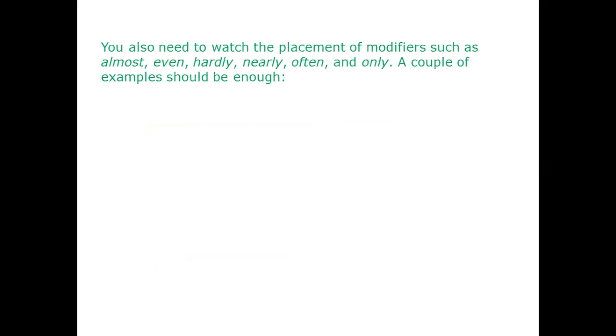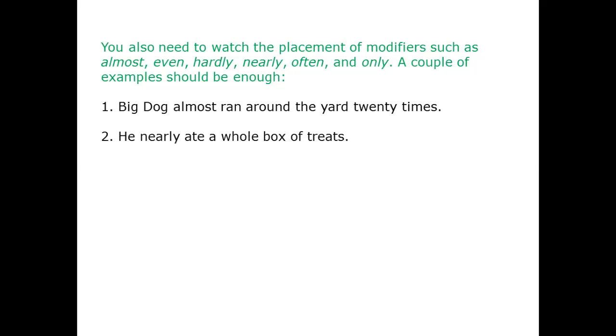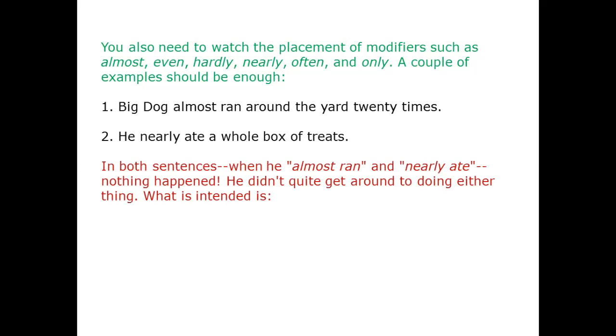You also need to watch the placement of modifiers, such as almost, even, hardly, nearly, often, and only. A couple of examples should be enough. Look here. Big dog almost ran around the yard 20 times. He nearly ate a whole box of treats. What's important is that when he almost ran and nearly ate, nothing happened.